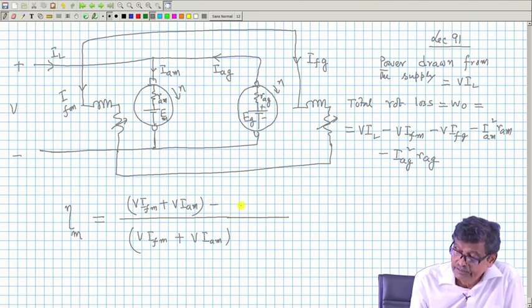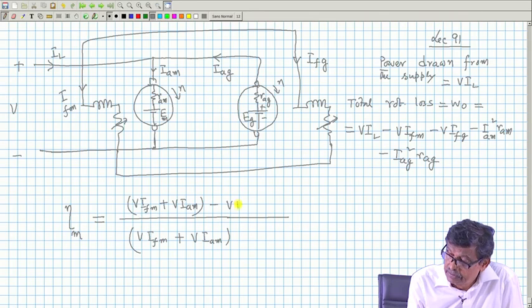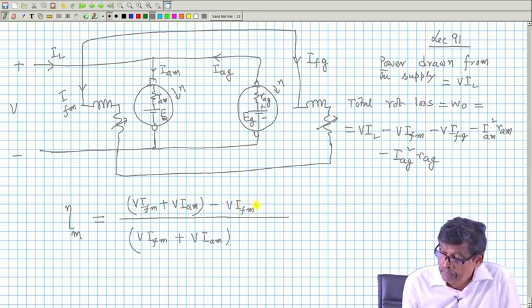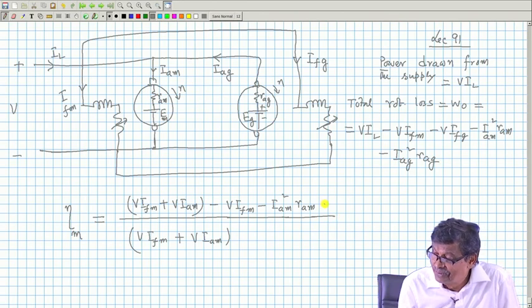What are the losses? Field copper loss, V into IFM, motor losses, minus IAM squared into RAM, copper loss of the armature, minus the rotational loss, which is W naught by 2.